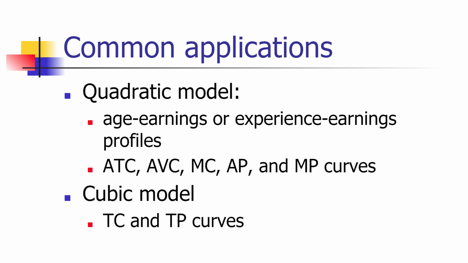So, including squared and cubed terms of the original variables will allow us to approximate nonlinear relationships between a dependent variable and an independent variable very nicely. This allows us to represent a much larger class of economic behavior using linear regression techniques.